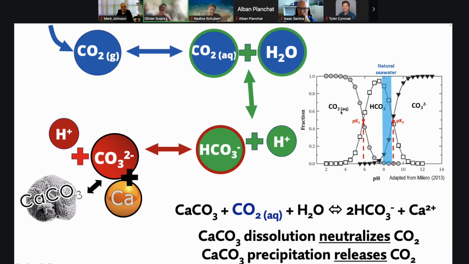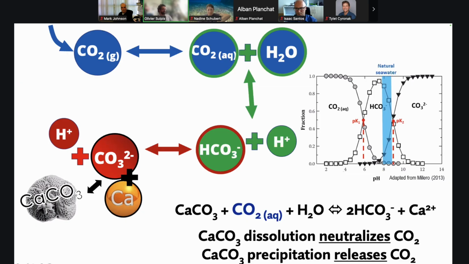All of those 3 together, summed up, make up what we call DIC, the dissolved inorganic carbon. Today, most of the surface ocean has a pH of 8, and at this pH, most of the DIC will be in the form of the bicarbonate ion. A little bit will be made up of carbonate ion, and the amount of DIC that is in the form of dissolved CO2 is actually almost negligible.